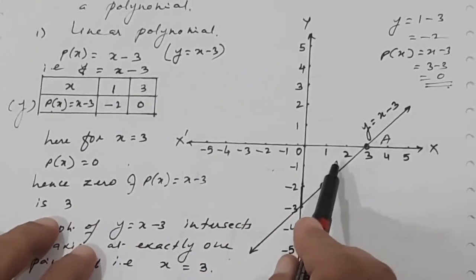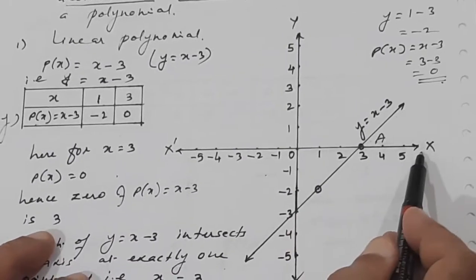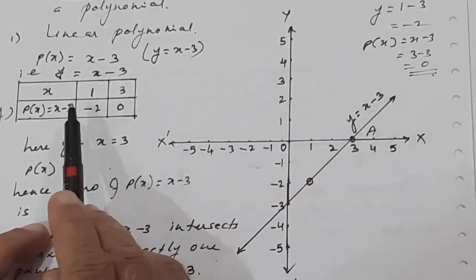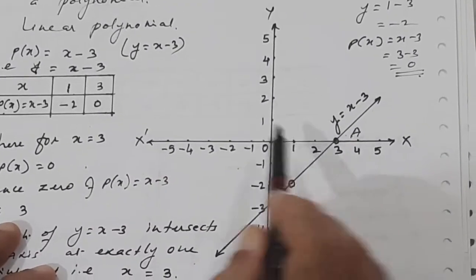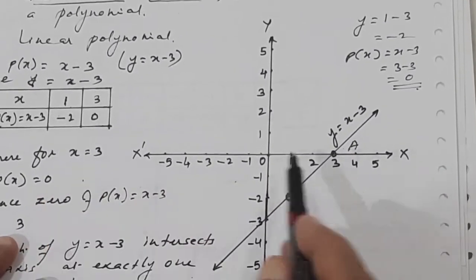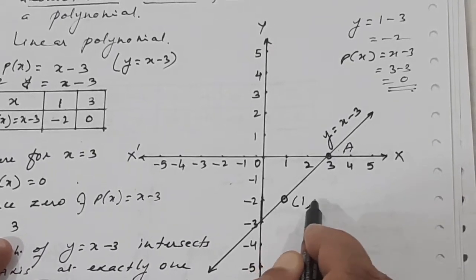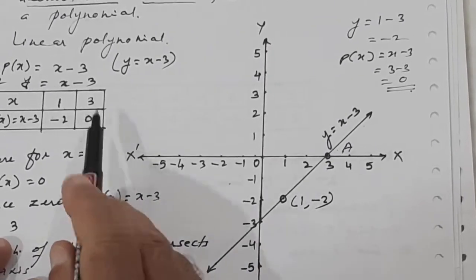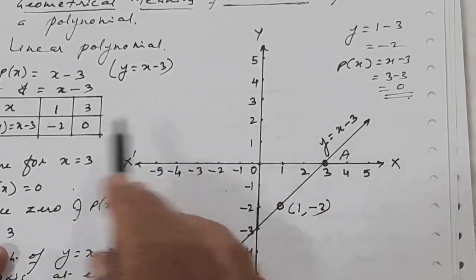Take the graph system, and you know how the graph system is. This is the x-axis, this is the y-axis. Now what is the x coordinate? 1. So this x coordinate is 1. Then what is the y coordinate? Minus 2. So come down. This point is (1, minus 2). The next coordinate, x is equal to 3, y is equal to 0.